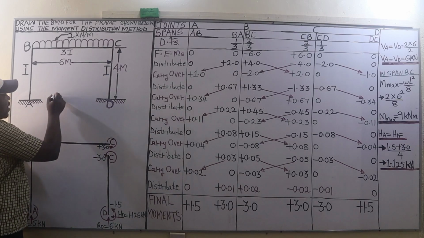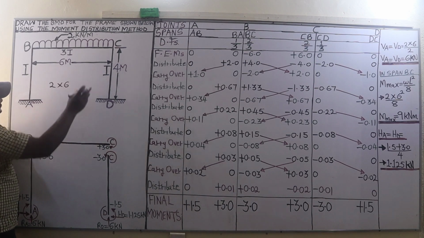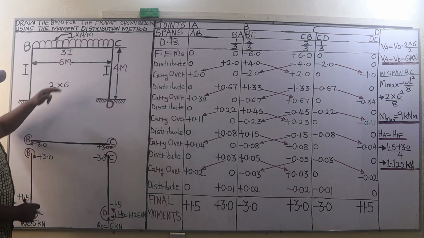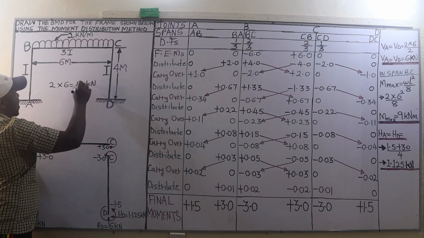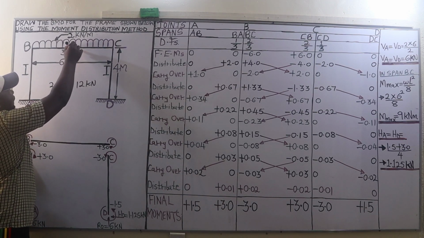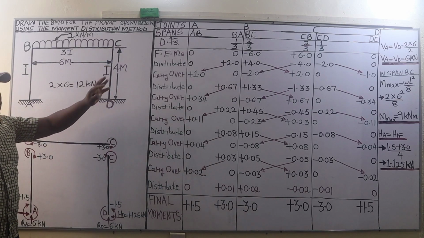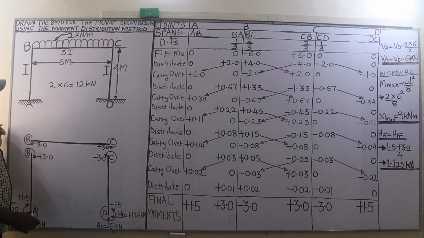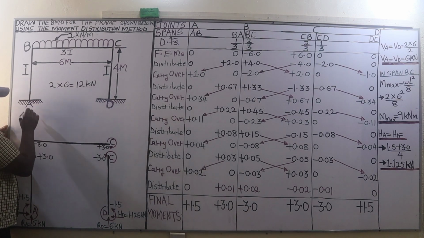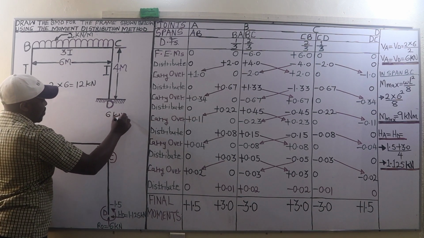And we do that by taking the UDL, then multiplying it by the span over which it is distributed, that is B to C, which is 6 meters. So this is going to be 12 kilonewtons. And these 12 kilonewtons will act at the center of the beam B to C. So the column A will carry half of this load, which is 6 kilonewtons, as well as the column D. They will carry equal amounts of loads.